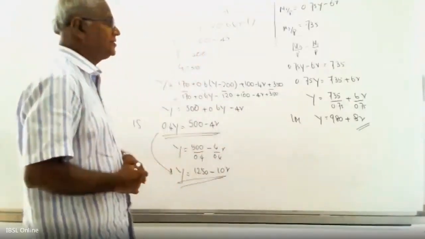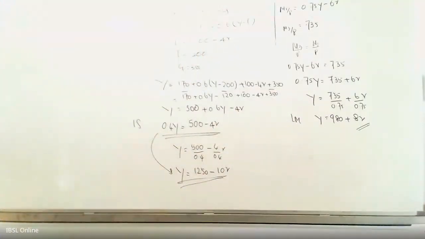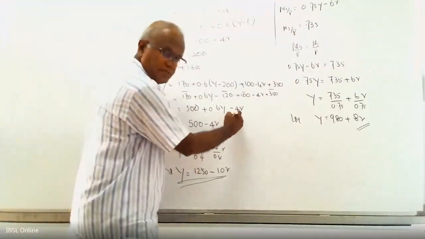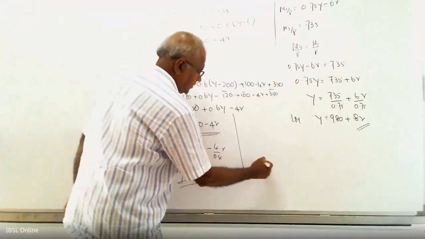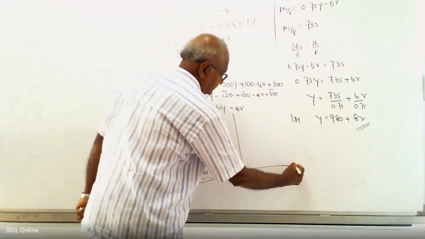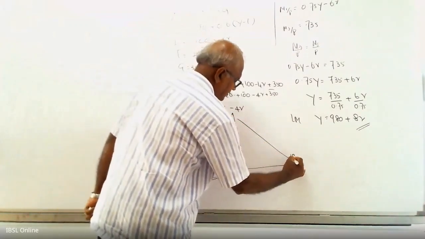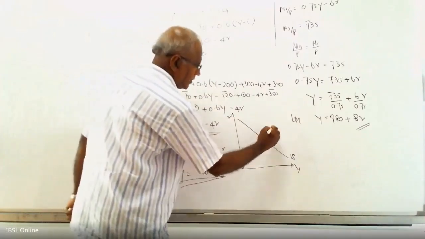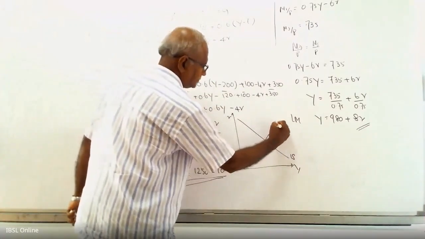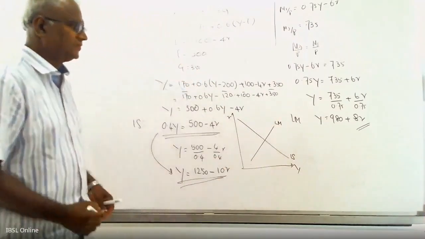The third part is equilibrium income and expenditure. If you draw this diagram, with Y and R, the IS curve is like this and the LM curve is like this.